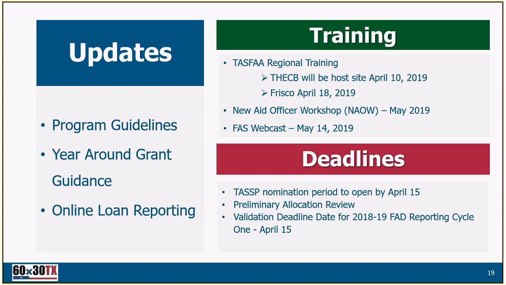So upcoming deadlines, we have the TASP nomination period is set to open next week on April 15th. Preliminary allocations, I wanted to just let you know if you didn't see the notices that came out and just recap that for everybody. So on April 4th, we sent out TEOG, Texas College Work Study, and the Texas College Work Study Mentorship Program.